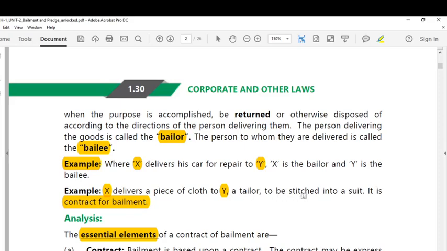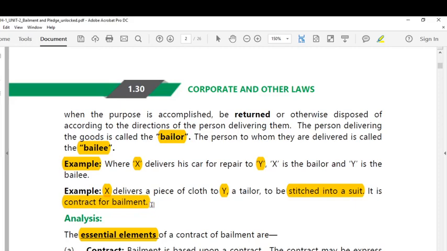The purpose is stitching a suit. And once the stitching is completed, it should be returned to the Bailor, who is X. So it is called a contract of bailment.